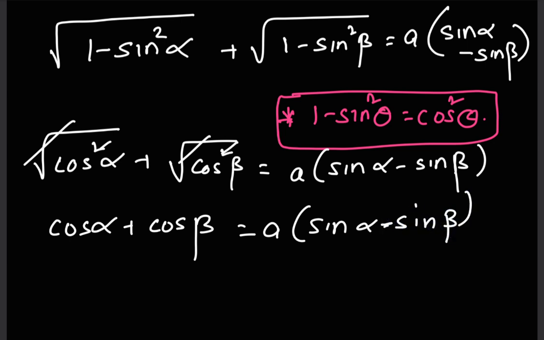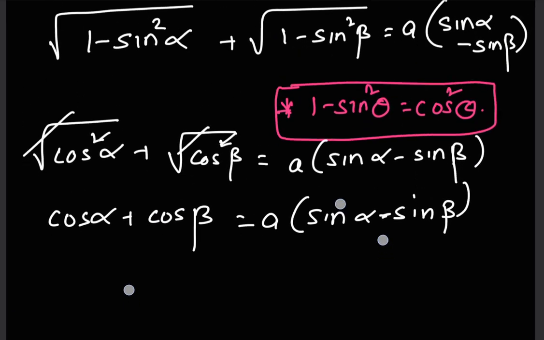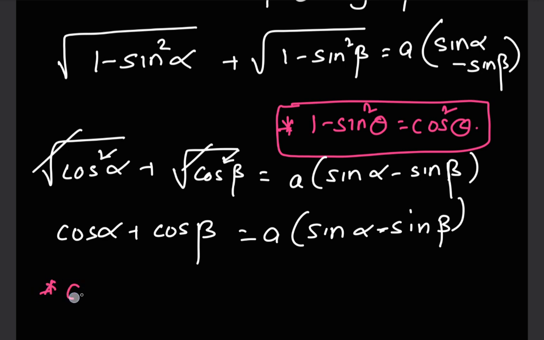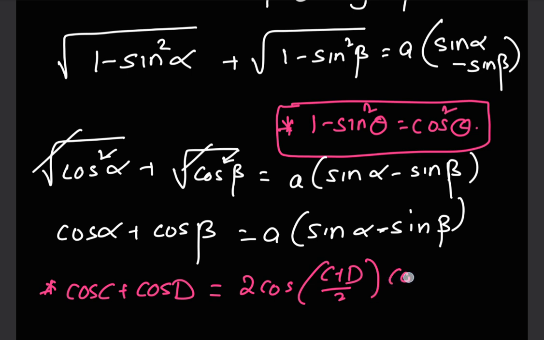So we are left with cos alpha plus cos beta is equals to a into sine alpha minus sine beta. Now again we have some formulas over here. The first formula we are going to use is the cos C plus cos D formula. What is cos C plus cos D? It is 2 cos C plus D by 2 into cos C minus D by 2.